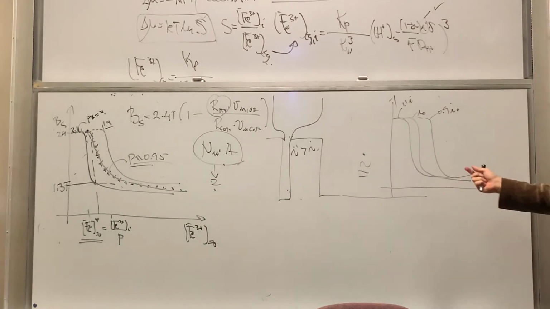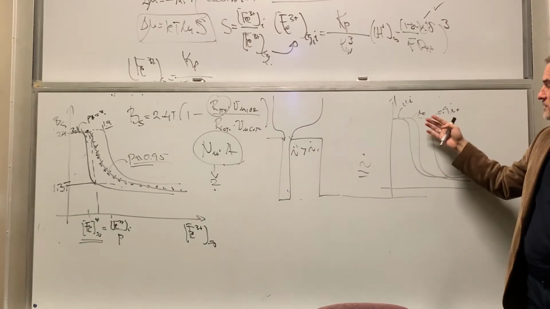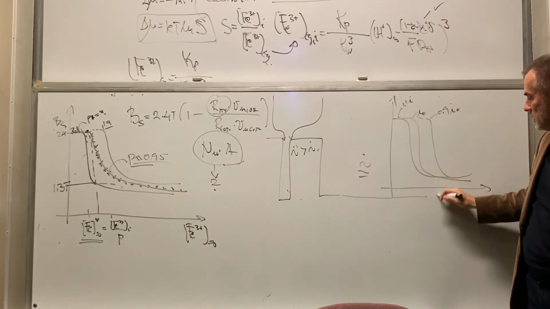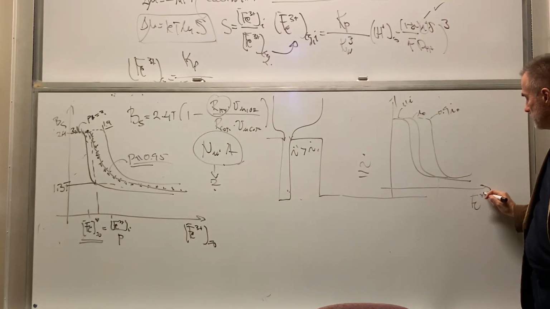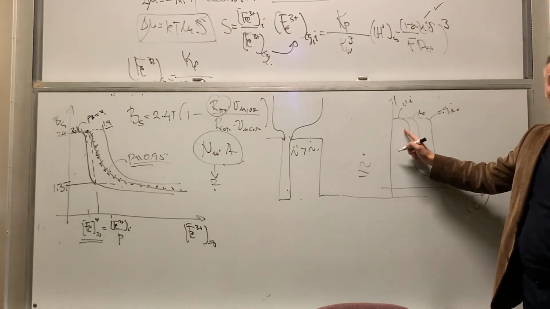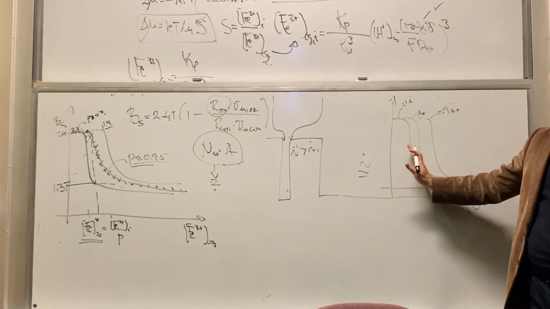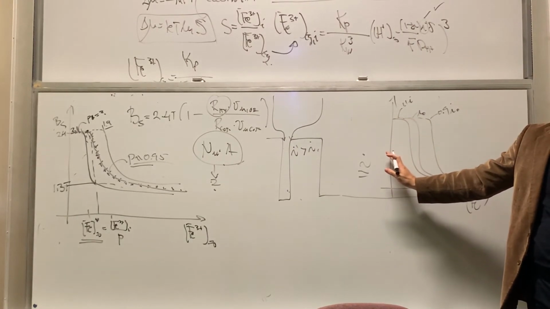You can see lower current density will push you further, which means you're going to have way much more tolerance for Fe3+ in the solution, while if you have a current crowding problem, you will have way less tolerance for Fe3+ in solution.